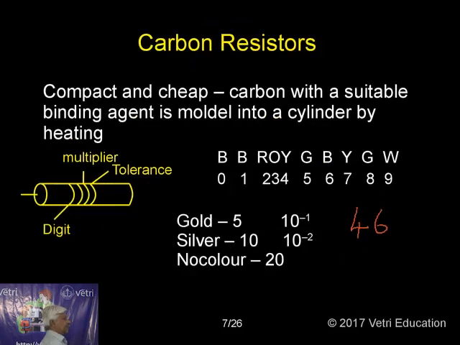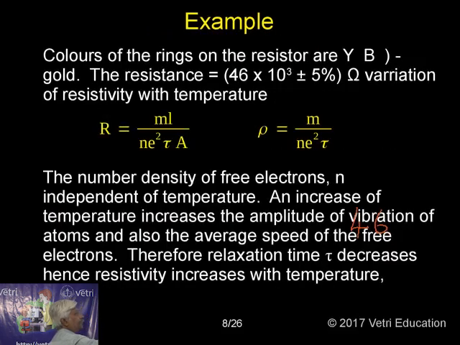The multiplier means 10 to the power of something. The next colors given in the problem are yellow, brown and gold. Gold means tolerance is 5%. So yellow and brown have the value 46, followed by 3 zeros. Therefore 46,000, or 46 into 10 cube ohm.